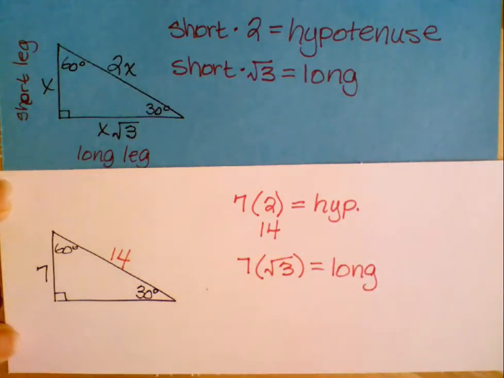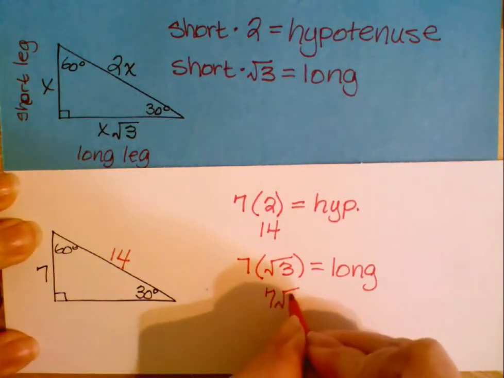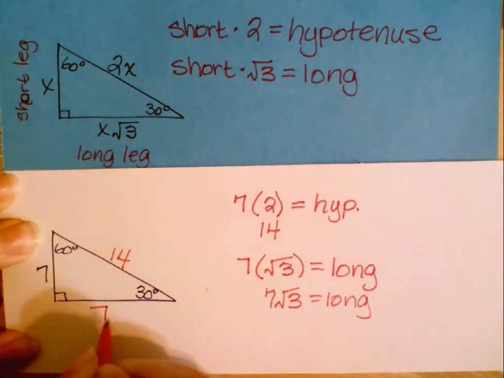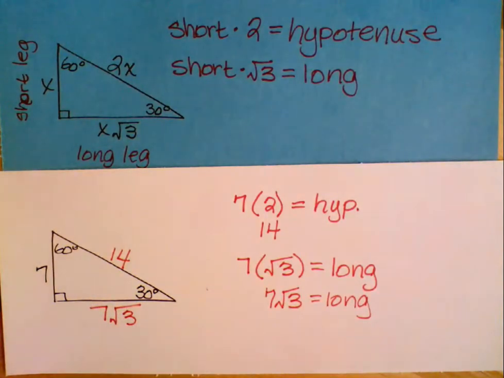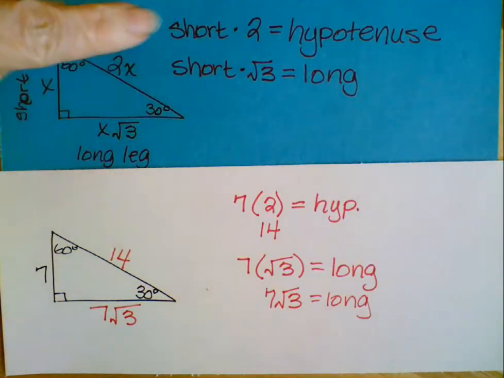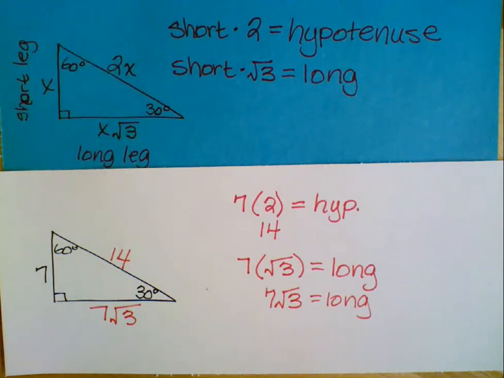Now here with the 7 and the root 3, when we multiply them together, there's no simplifying that we can do. So it simply becomes 7 square root 3 for the length of the longer leg. So in the case of being given the short leg, that's usually the simplest process in any of these. It's a matter of simply substituting in place of the short leg in these equations and using that to find the lengths of the other two sides.